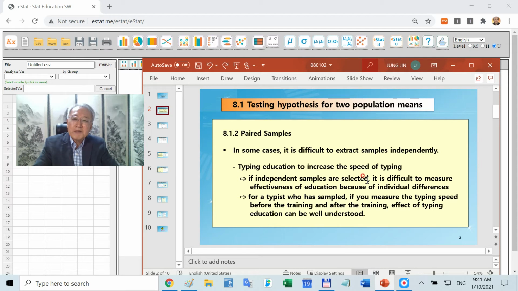Typing speed depends much on the person. Somebody types very well, some do not. Therefore, individual differences cause lots of problems. Maybe you cannot test whether typing education increases speed or not. How can you do that?